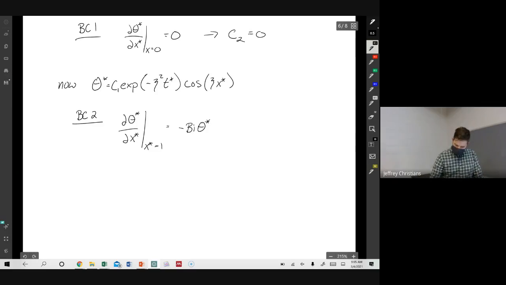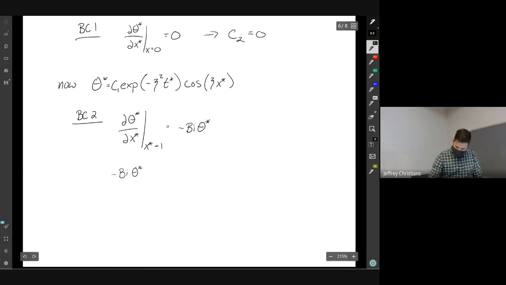That would give us that minus the Bo number times theta star would be equal to minus C times C1 times the exponential of minus C squared t star times the sine of C times 1.